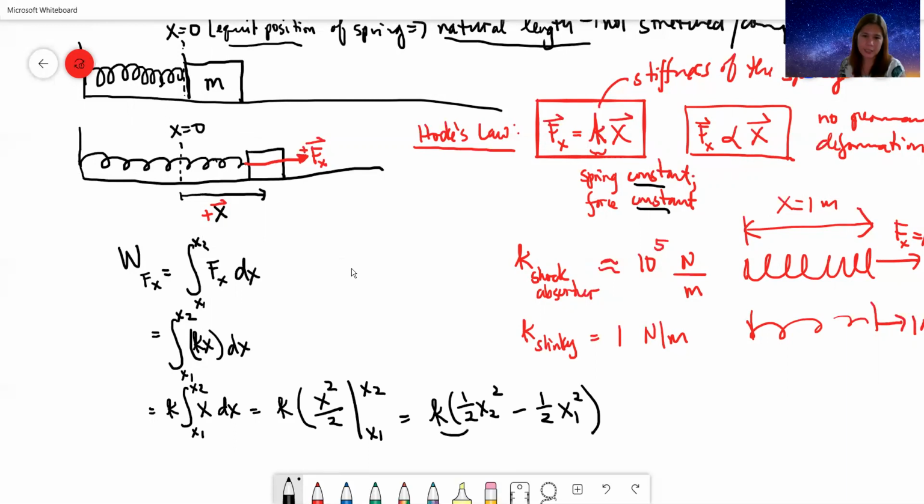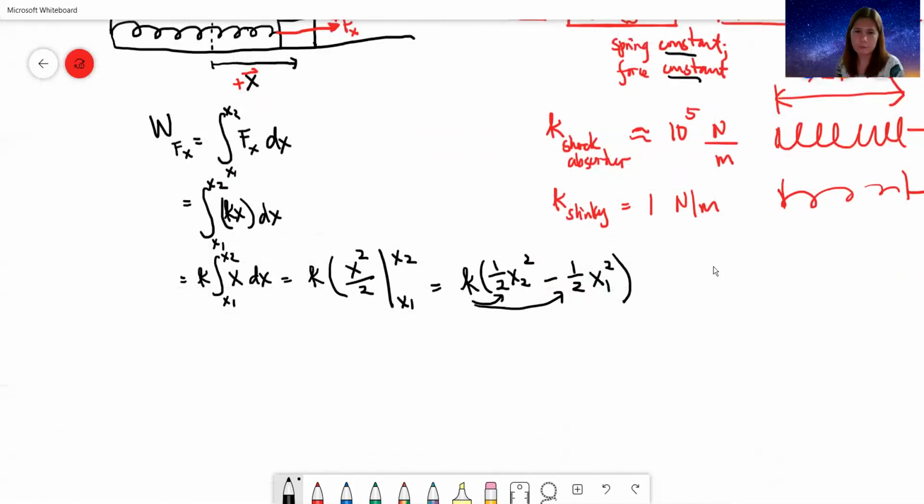And then finally, we distribute this, and rearranging it, it becomes 1/2 times the spring constant in Newton per meter, times the final position squared. This is either stretching or compression, no? Minus 1/2 k x1 squared. So this is now the work done by the external force.